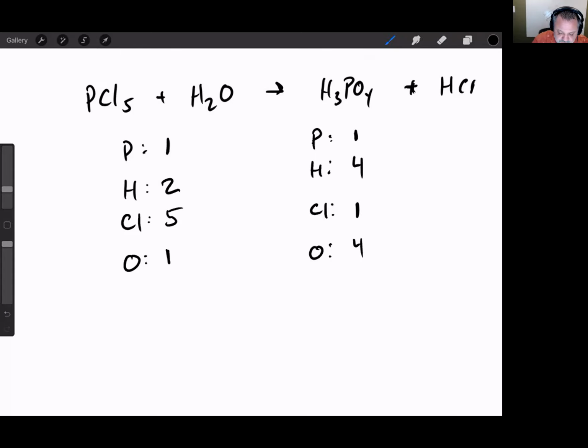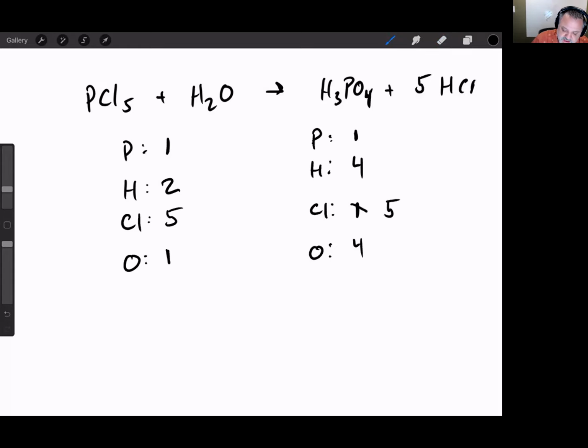So I will start off with non-hydrogen, non-oxygen atoms, and that leaves phosphorus and chlorine. It looks like phosphorus is already balanced with 1 and 1, so let's move on to chlorine. I've got 5 on the reactant side and 1 on the product side, so in order to balance the chlorines, I would add a 5 there.